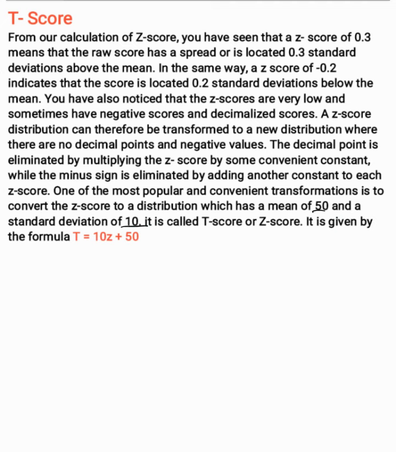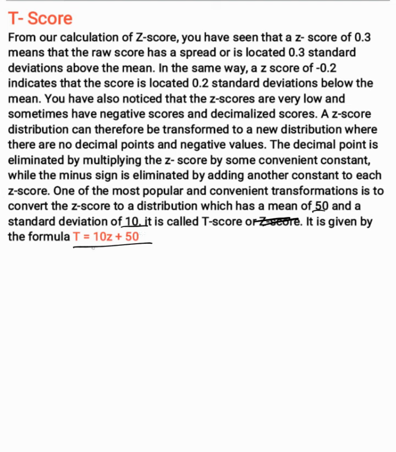It is called the T score. It is given by the formula T equal to 10Z plus 50, where the 10 here is the standard deviation and the Z here is the Z score, and 50 represents the mean.